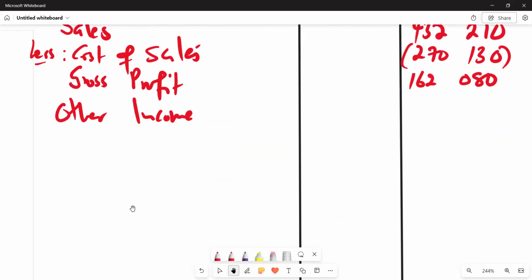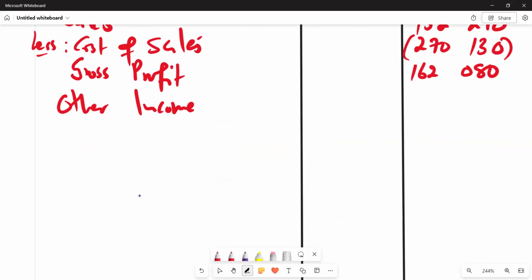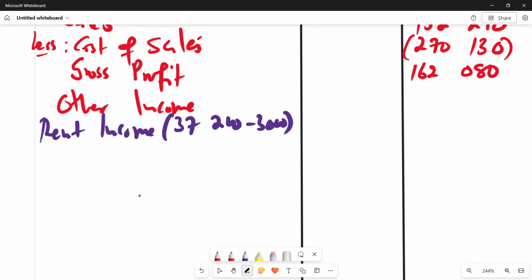We are now saying here rent income, and in brackets we are saying 37,200, and then you subtract your 3,000. And then you get your 34,200. So this is what we have there. You can just go there again in the question to try to see what we have next.